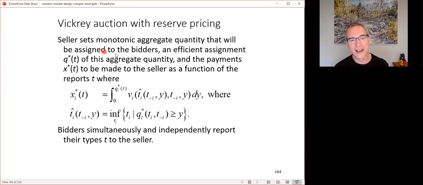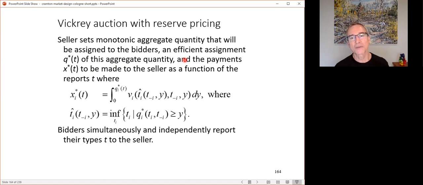And so this is very nice that we can implement Vickrey pricing in this very general world with divisible goods without independent private values, right? We've got independent types, but our values could be very much correlated. And the way we do it is just a natural extension of what we do in the regular Vickrey auction.